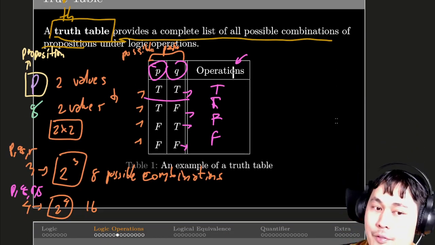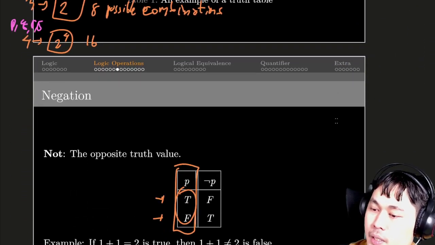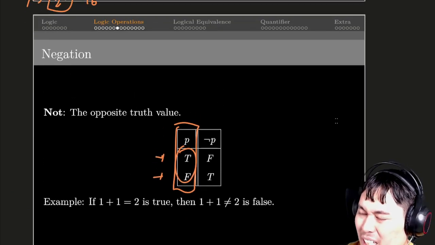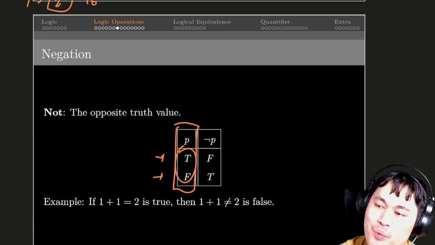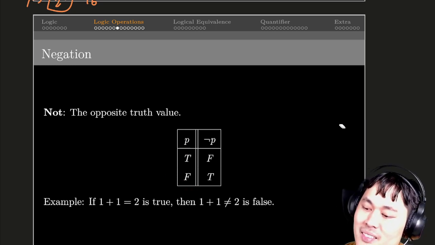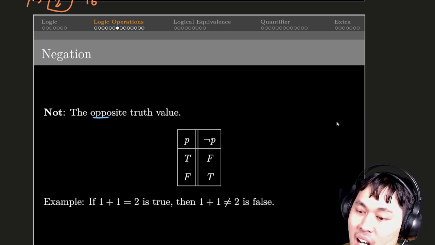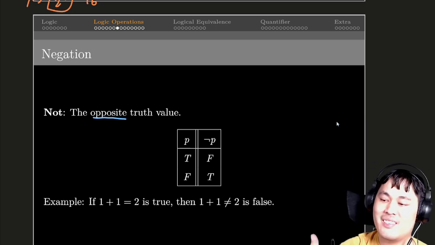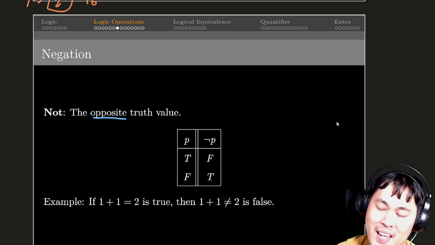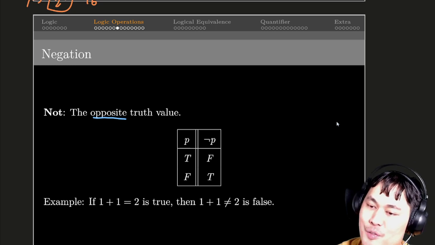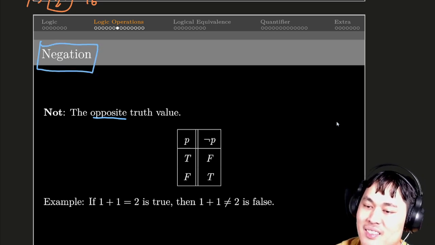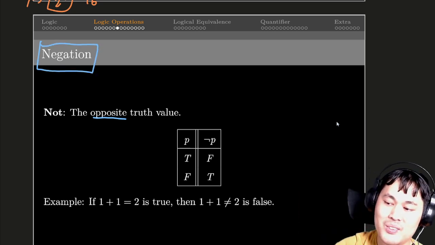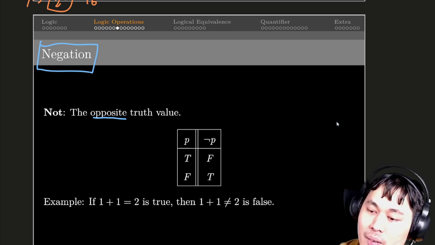So let's start from the first one. The first one is negation. I think this is the only one where you only have one proposition. This is the opposite. This is kind of confusing because this symbol has 3 different wordings. First we call it negation, to negate, to flip something over.